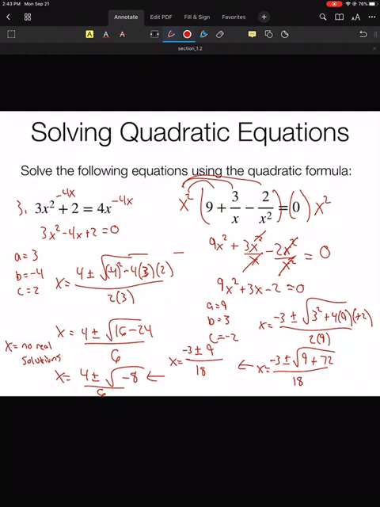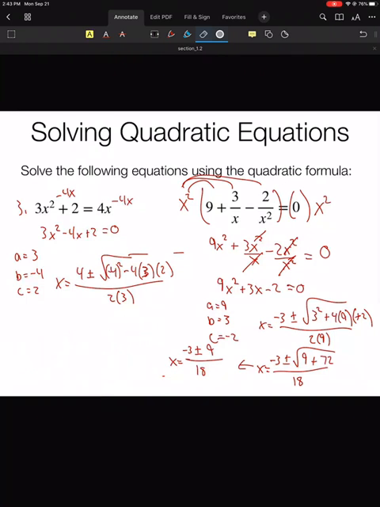Okay, and so I know we've run out of room here. I'm going to erase this in the bottom. Okay, so to keep going, the two non-equal solutions that we get are negative 3 plus 9 is 6.